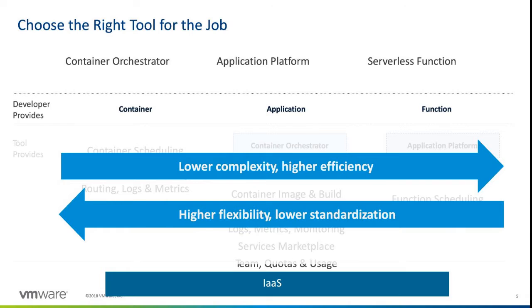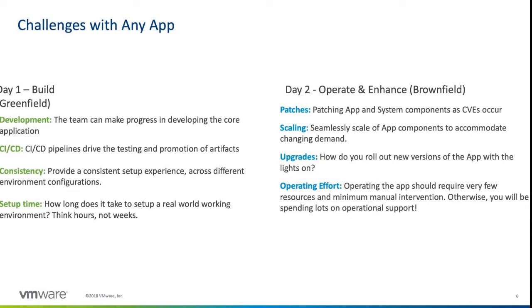So here are the challenges with any app. The first thing we see is day one or the build process. This is what we call greenfield. From our point of view, the team can make progress in developing the core application the way they want. They're using CI/CD pipelines. They've fully ingrained themselves in the DevOps mentality.